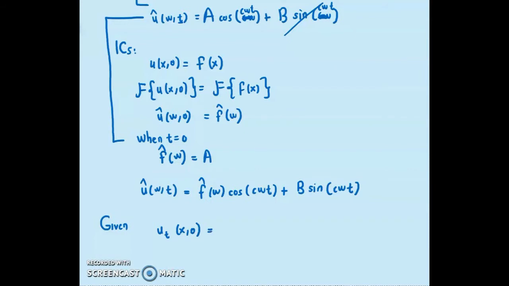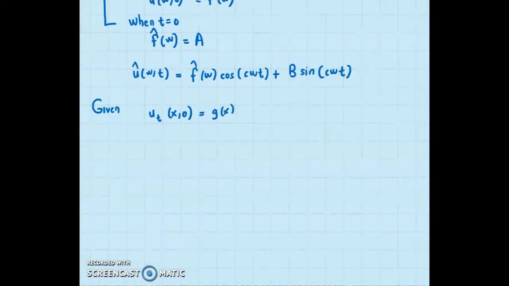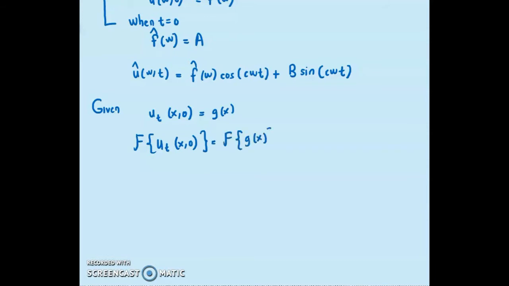Similarly, take the Fourier transform of this derivative, which gives you the Fourier transform of g. So the Fourier transform is simply u hat derivative of omega, 0 equals g hat omega.